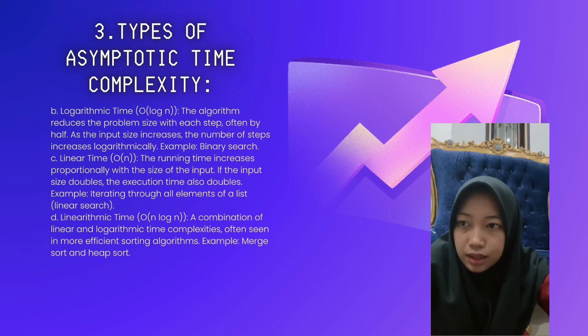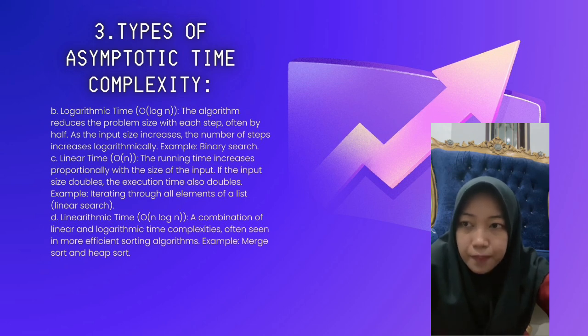Example: iterating through all elements of a list, or linear search. D. Linearithmic time O(n log n). A combination of linear and logarithmic time complexities, often seen in more efficient sorting algorithms.